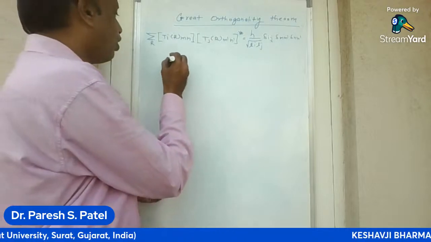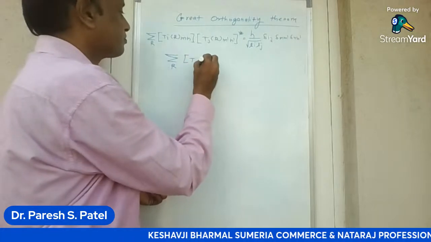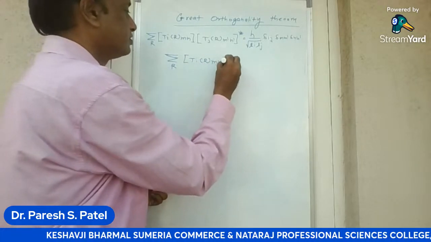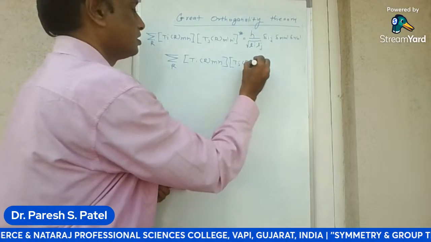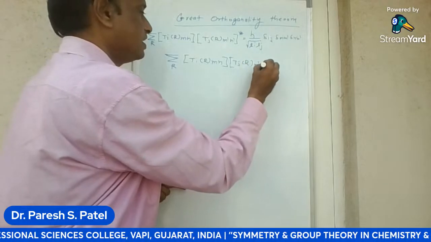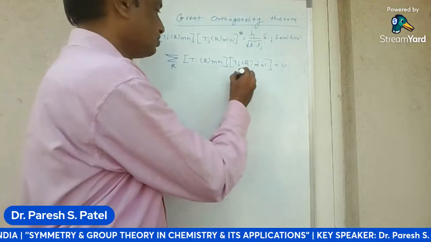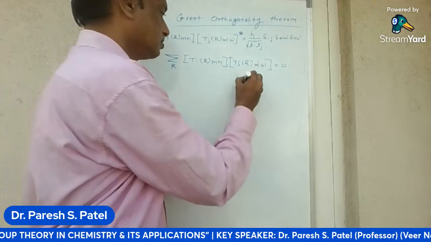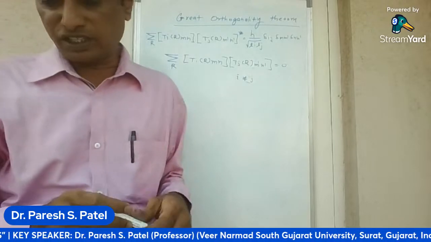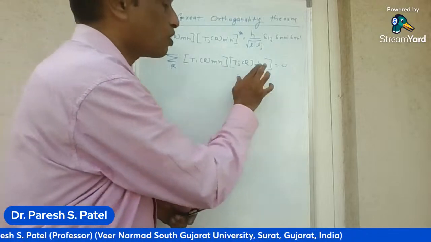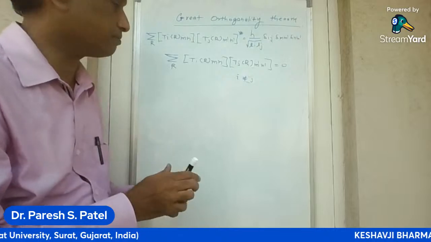Summation over R of Γi(R)mn Γj(R)m'n' is equal to 0, where i is not equal to j. It means elements of the matrices of the different irreducible representations are orthogonal to each other. This is the first sub mathematical statement of the great orthogonal theorem.